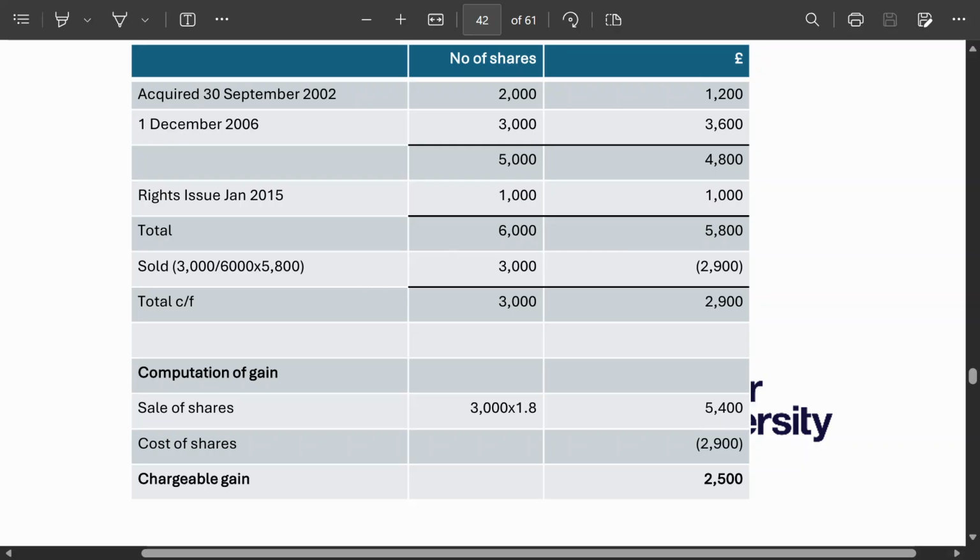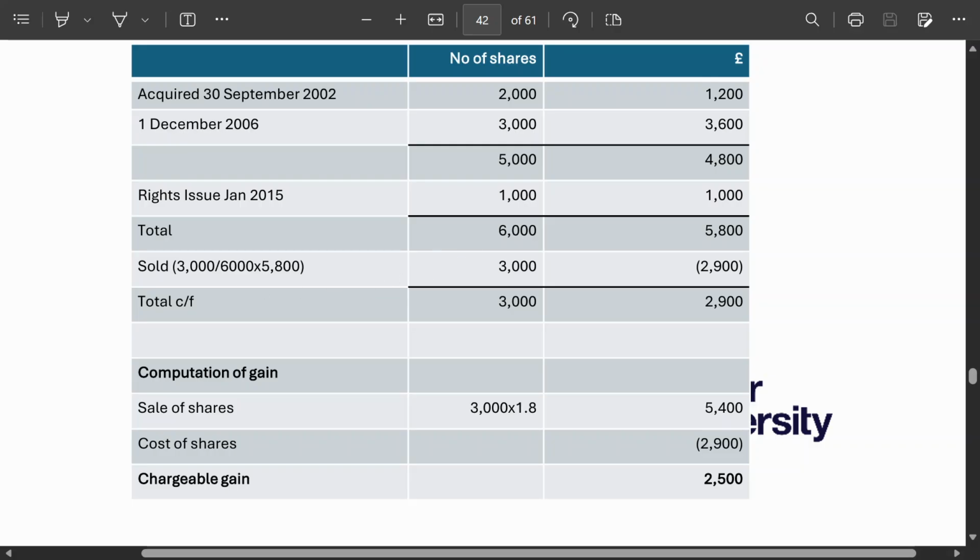Then you sell 3,000 shares, and your sale of 3,000 shares at 1.8 gives 5.4. This is your net disposal proceeds. And what will be the acquisition cost that we have to take? That's the question mark, and this is how we do it. We apply it against the Section 104 holding. We have to adjust 3,000 shares against a block of 6,000 shares.